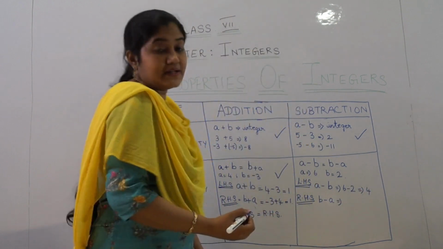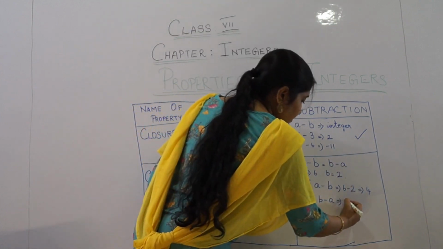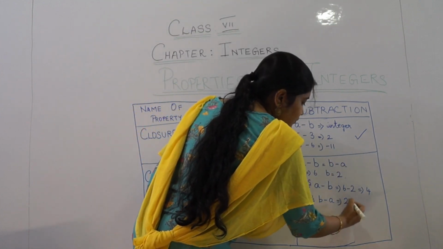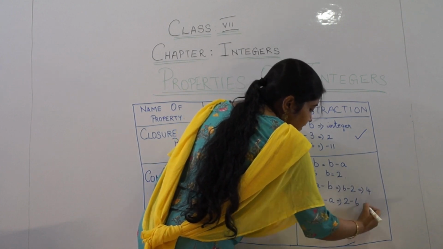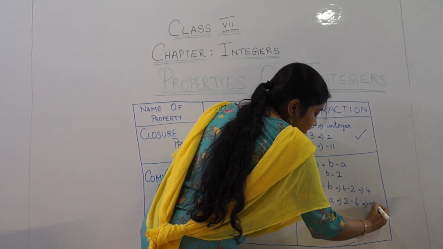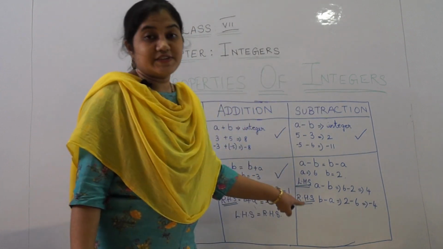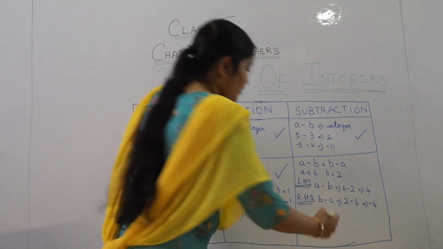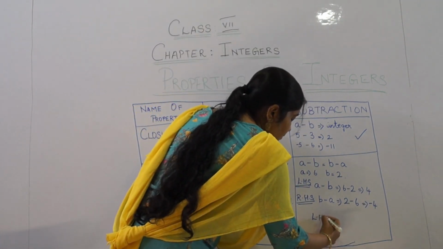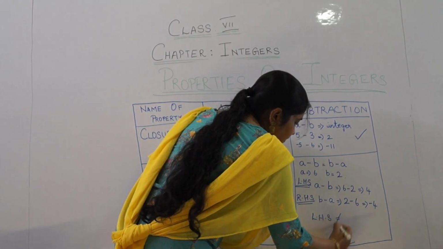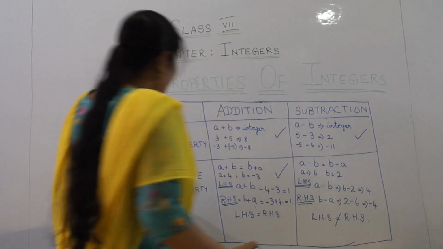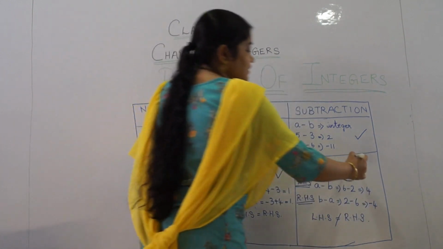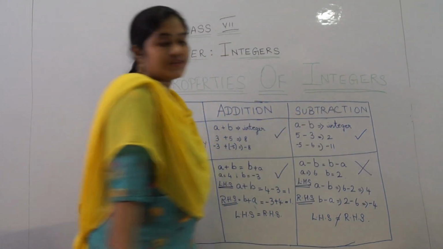Whereas b minus a: the value of b is 2 minus the value of a, which is 6. 2 minus 6 is going to give me minus 4. So is my left hand side equal to right hand side? No. So my LHS is not equal to RHS. So the commutative property does not hold good in subtraction.